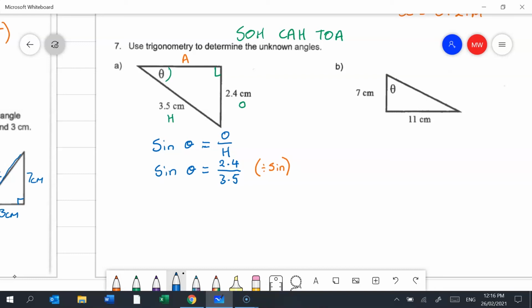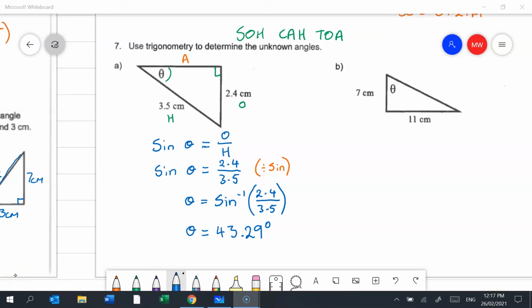And the way that we now write this is theta equals sine to the negative 1, or inverse sine, times 2.4 over 3.5, which I then put in my calculator, and theta will be 43.29 degrees, not forgetting your units.